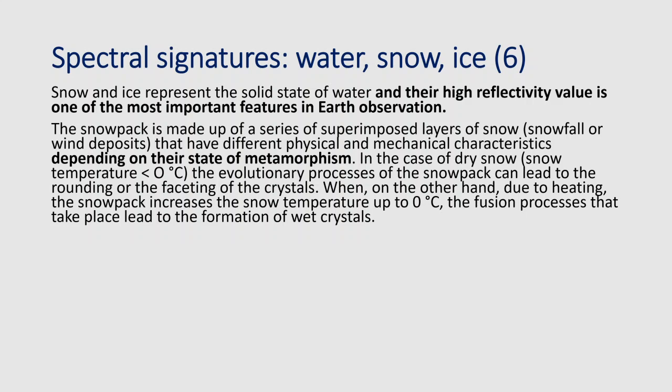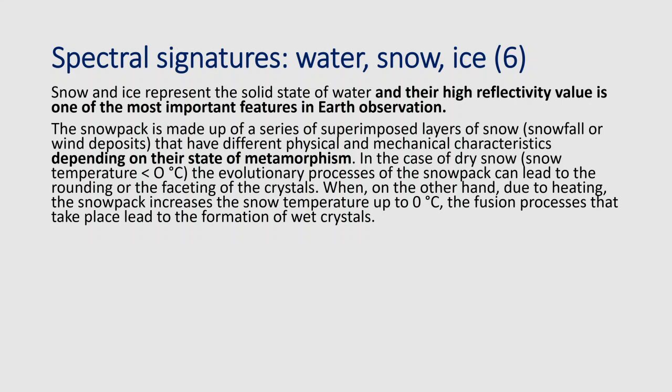The snowpack is made up of a series of superimposed layers of snow, snowfall or wind deposits, for example, that have different physical and mechanical characteristics depending on their state of metamorphism. In the case of dry snow, for example, snow with a temperature that is less than 0 degrees Celsius, the evolutionary processes of the snowpack can lead to the rounding of the faceting of the crystals.